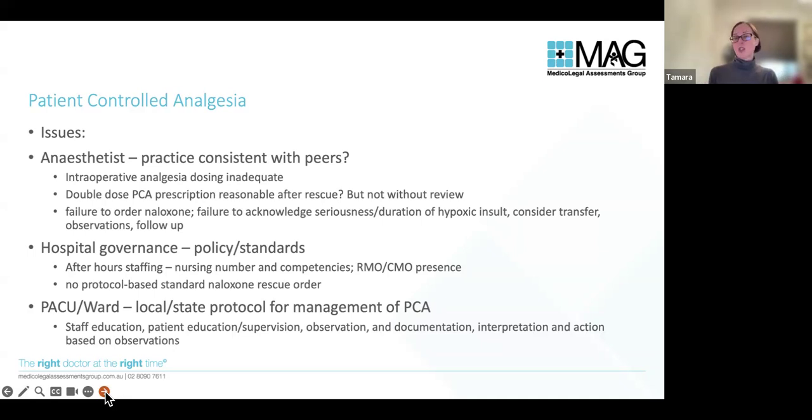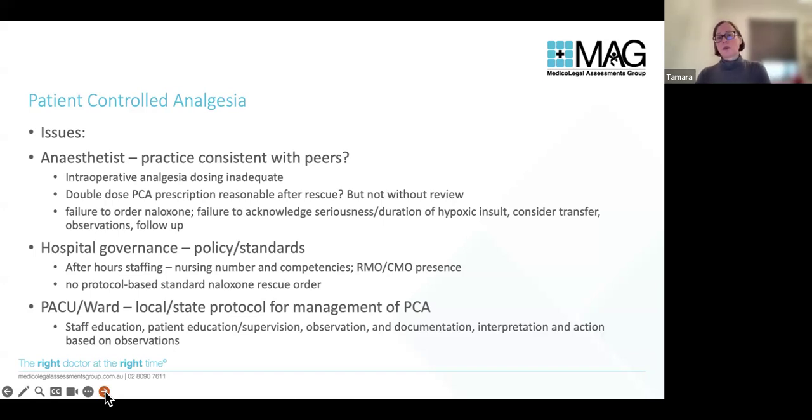The interpretation of her high rescue needs of analgesia to require a double PCA prescription might have been reasonable to send her to the ward with a double dose morphine PCA, but not without some sort of caveat such as, can you let me know how much she's had in 4 hours or 6 hours, or a note to self to contact the ward in 4 and 6 hours and see if that's really still needed. There was no naloxone order. That's a very standard basic thing in terms of practice.